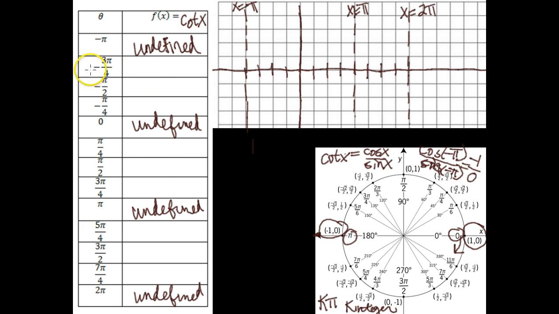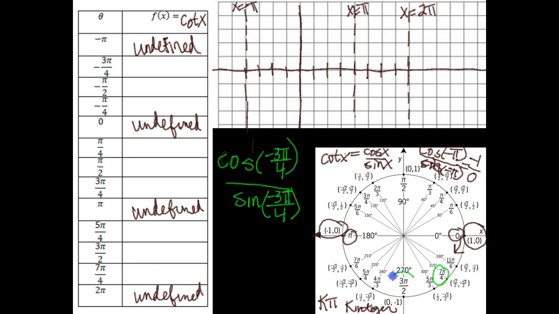And now we've got to figure out negative 3 pi over 4. So what is cosine of negative 3 pi over 4 over sine of negative 3 pi over 4? Well, where is negative 3 pi over 4? Here's negative 1 pi over 4.